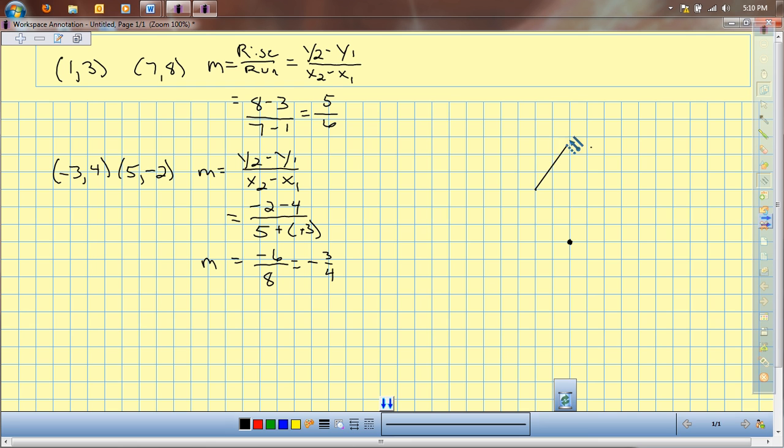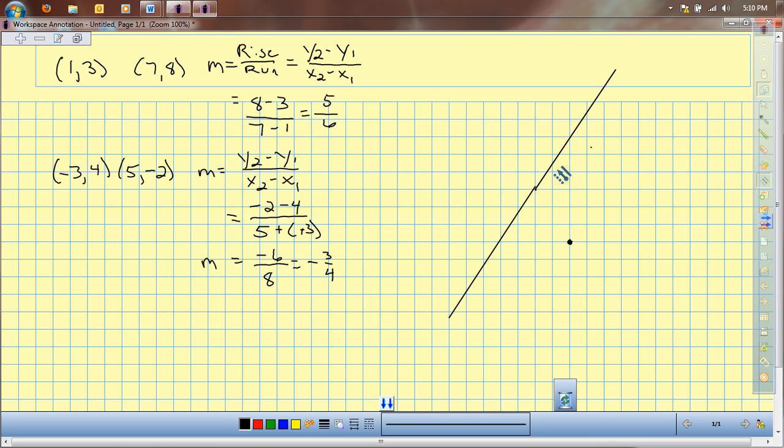And our line will go up like this. So our line goes up that direction, and let's just make it a little bit further. So our line's also going to shoot off this direction right here. Okay? So our line's going to go like that. Not perfect, but close enough.